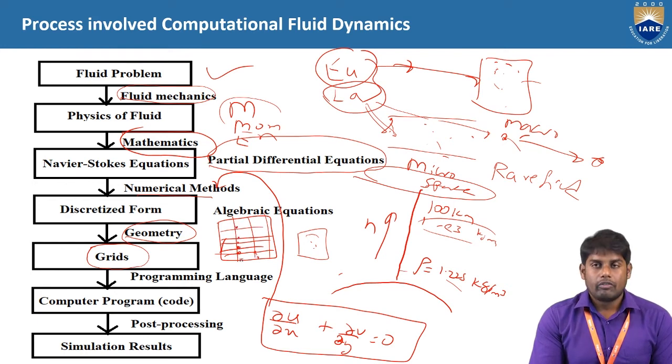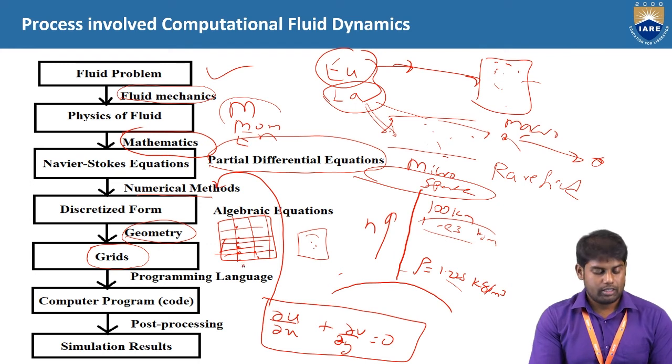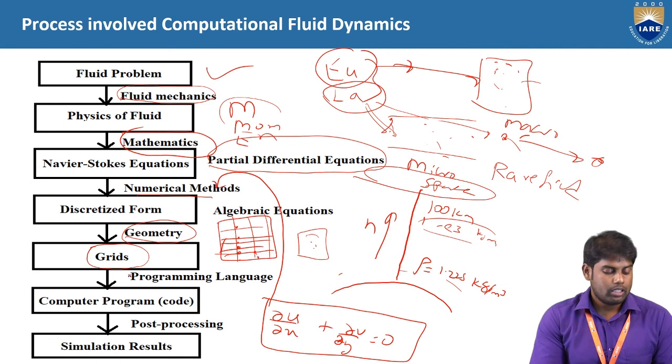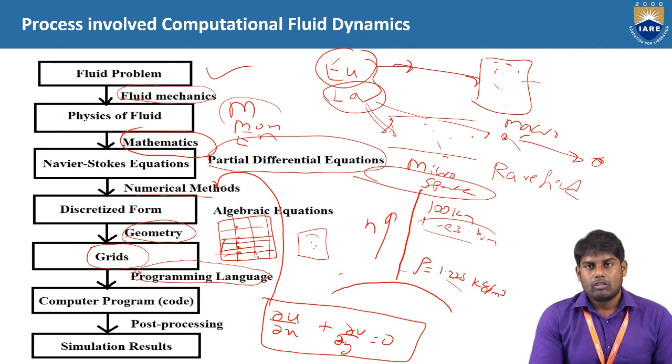We will see these things again in the next session. In order to perform this grid generation, you require a particular domain. Then you will use an appropriate programming language or any software to perform this analysis.